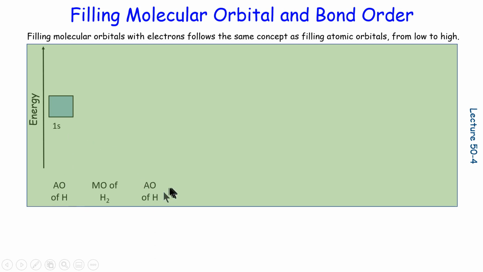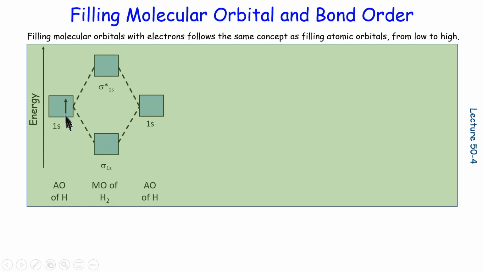On this side, the same thing, that's the atomic orbital of another isolated hydrogen atom. So basically, those are the two atomic orbitals. Now, when they form molecular orbitals, you see, this is the bonding molecular orbital, that's sigma 1s, and this one is sigma asterisk 1s. So this is the anti-bonding orbital.